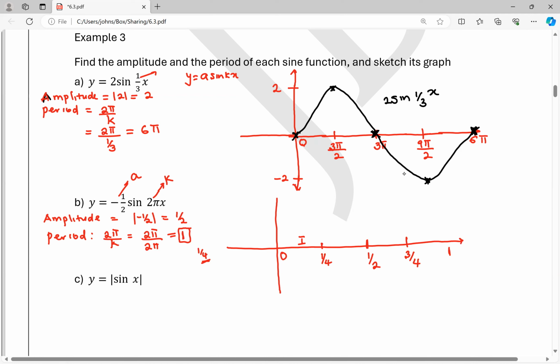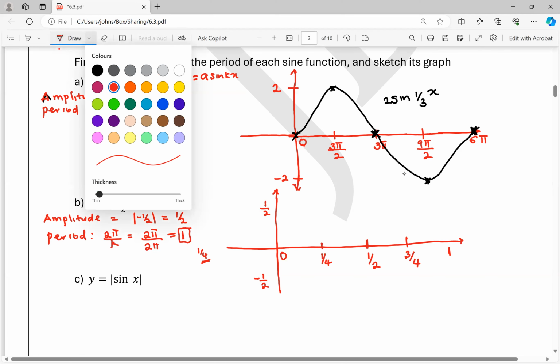All right, so what next can we do? We look at the maximum value. What is the maximum value? We can go as high as half, that is the amplitude, and we can go as low as minus half, right? So let's try to join the points now.